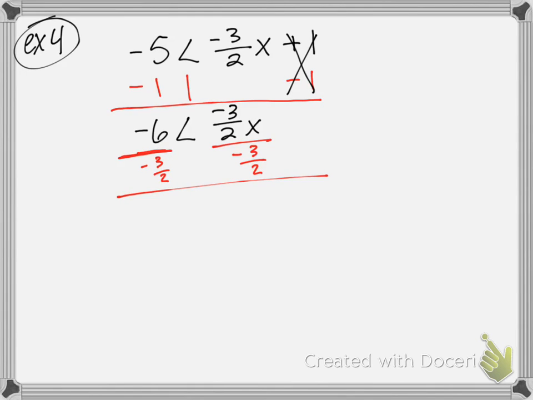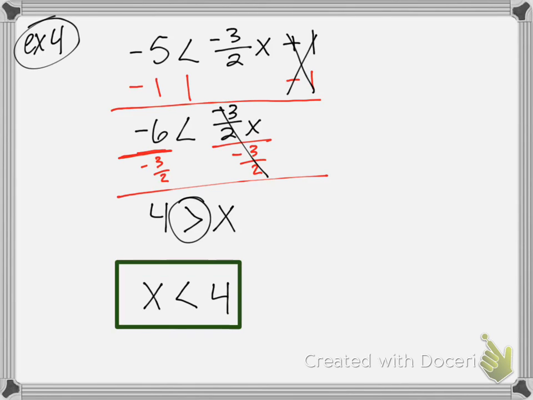And then so in the calculator, if you put negative 6 divided by the fraction negative 3 over 2, you should get 4. I did divide by negative, right? So I have to switch my sign. And then the fractions over here cancel out, okay? But remember, the x has to be first. So I'm going to go ahead and switch the x and the 4. And then when I do that, my sign changes to the other side. Okay, so here x is less than 4.